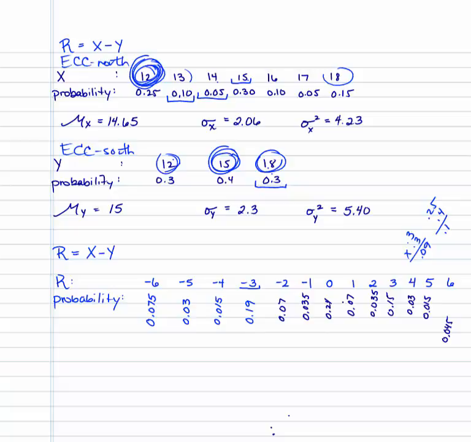Just like on the last page, let's find the mean of R, which would be where you take every R value and multiply it by its P value and sum them all up.